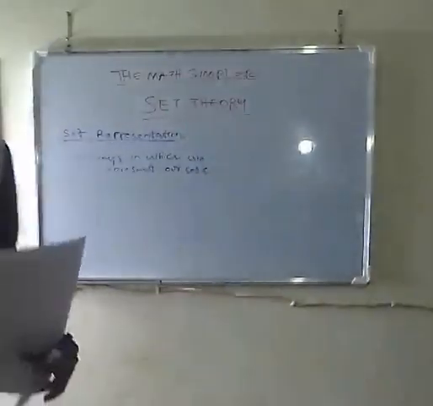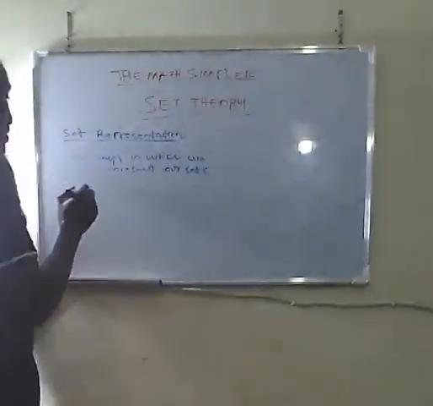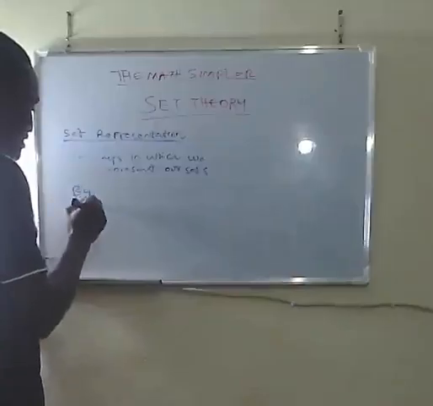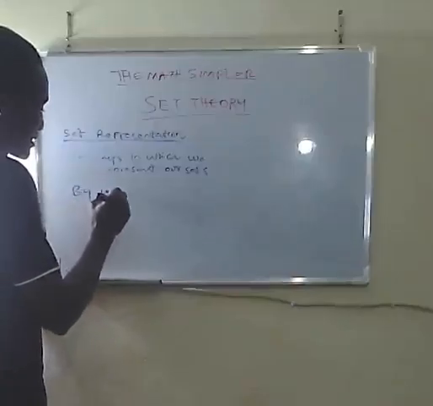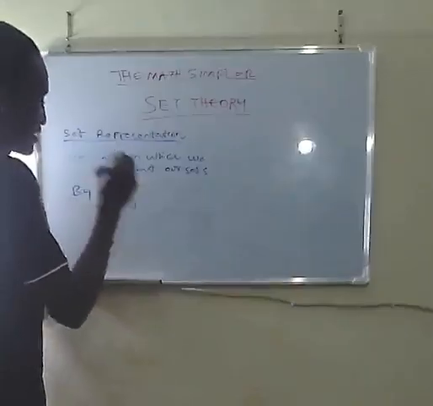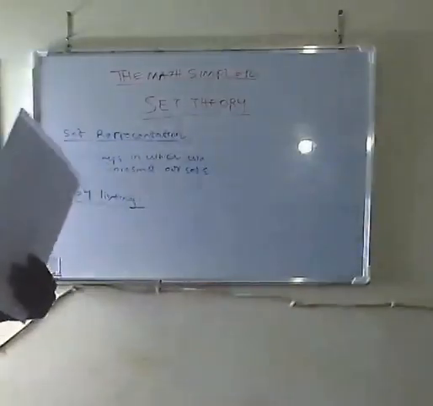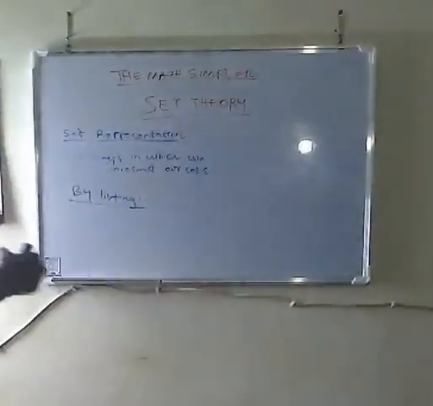So the two ways of representing a set: number one, we have listing. You can represent your set through listing, just making a list.